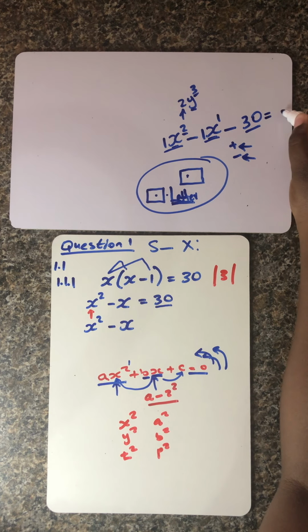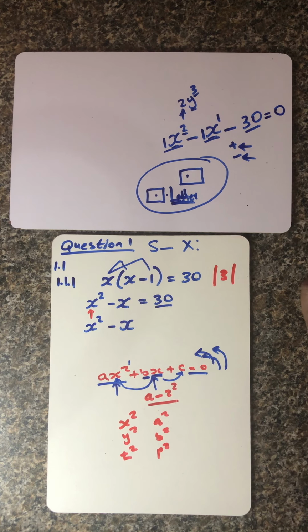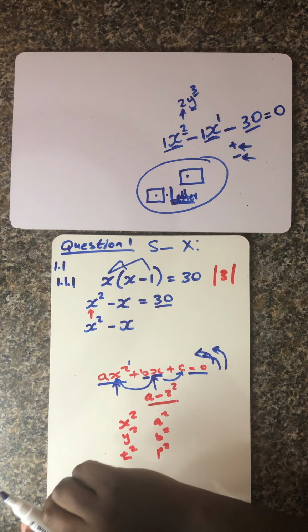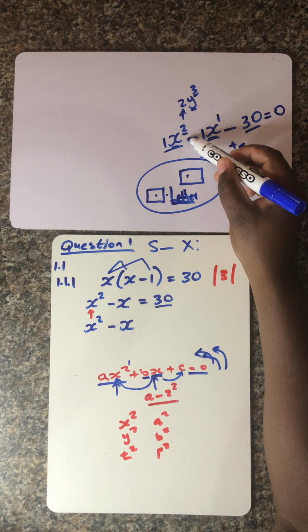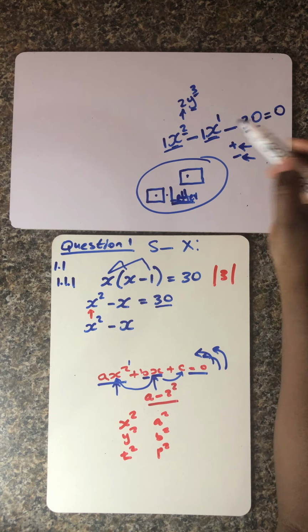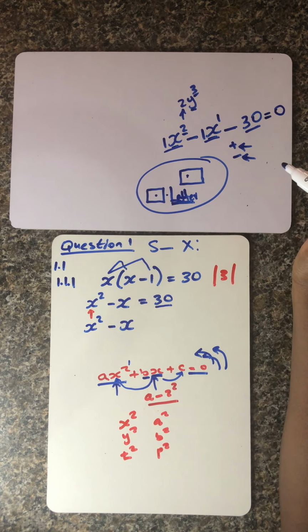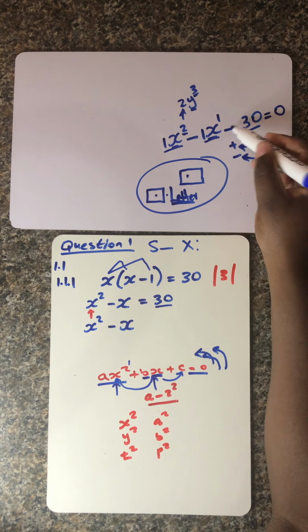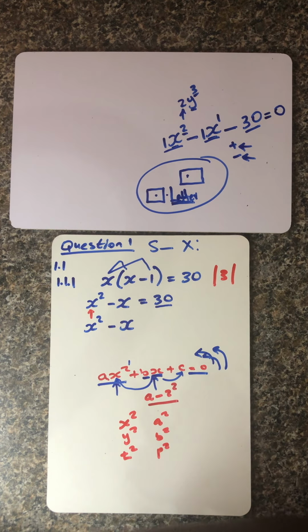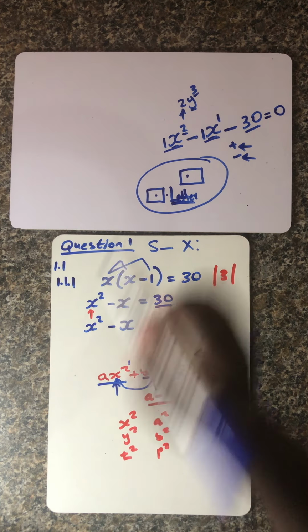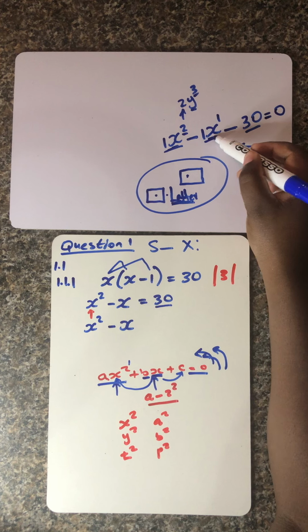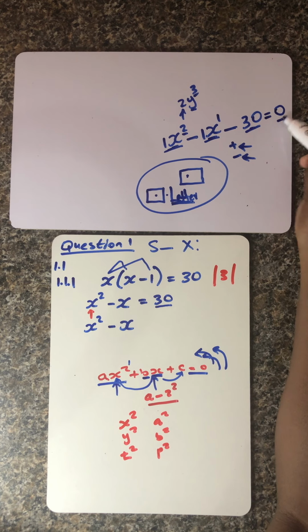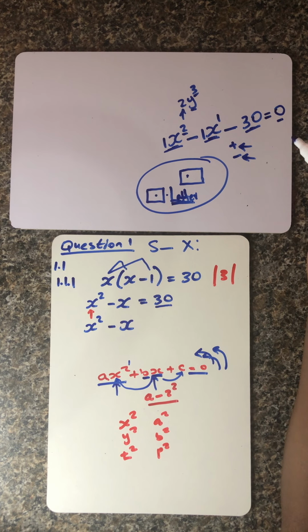Very, very important, ladies and gentlemen. And this could be equated to, let's say, 0, for example. It doesn't necessarily mean that at all times it will be minus; it could be positive, it could be minus, it could be positive and a minus. What matters the most is for you to understand that you've got a term, a term, a term, and a term, so that means you've got 4 terms.